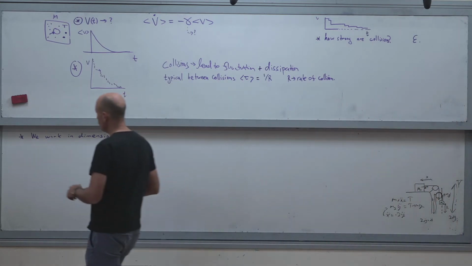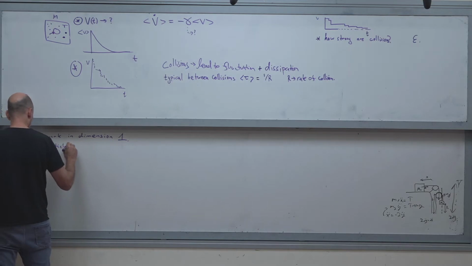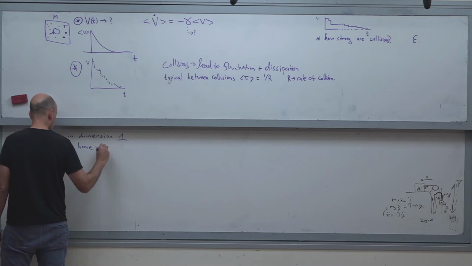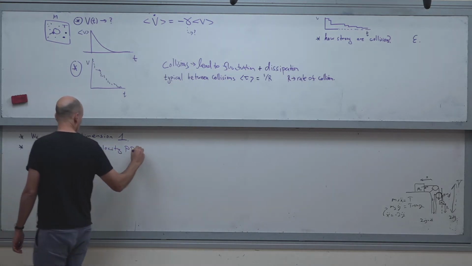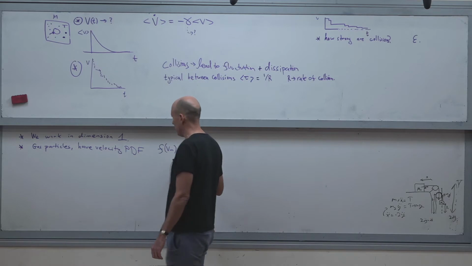We're going to assume we have some gas particles, and they have a velocity distribution, which I'll denote by f_m(v).